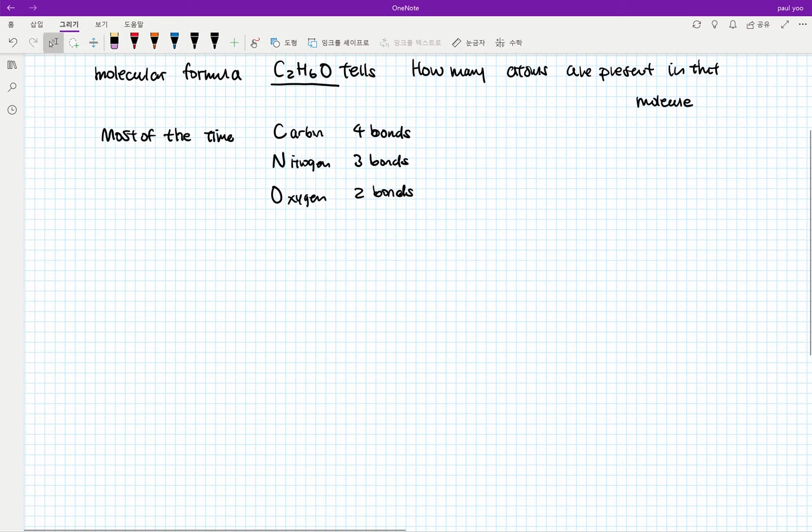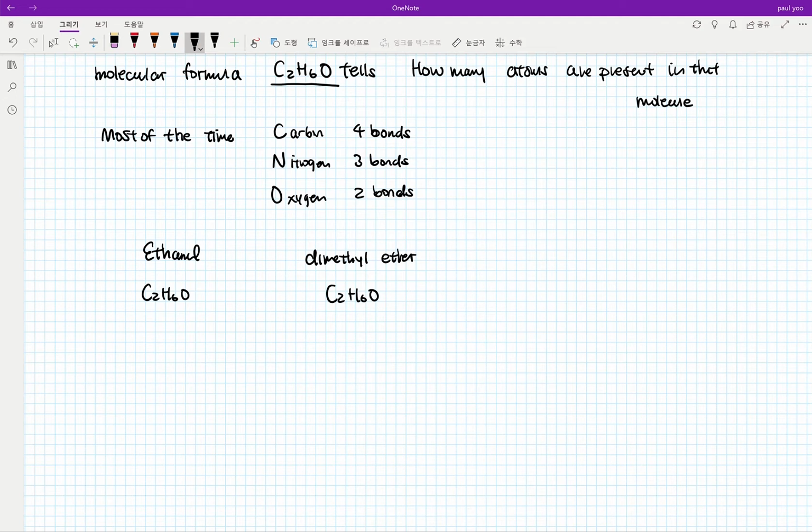We can see the examples of ethanol and dimethyl ether as an example that they both have C2H6O as their molecular formula.